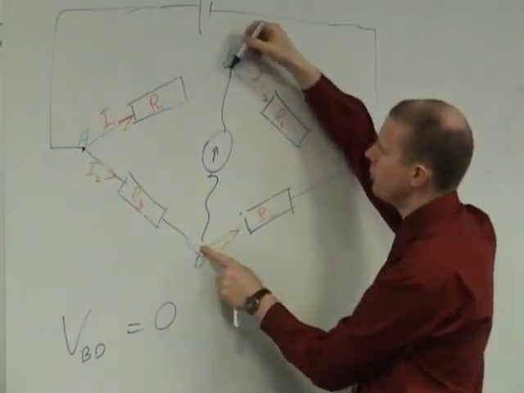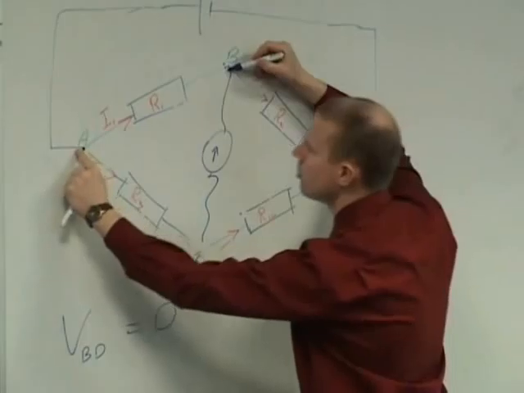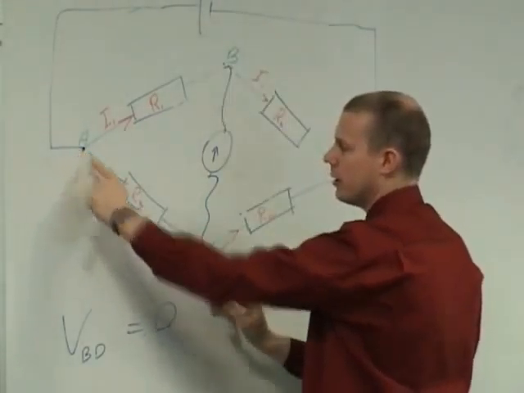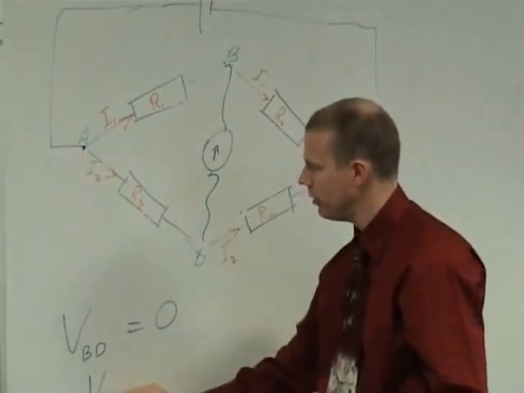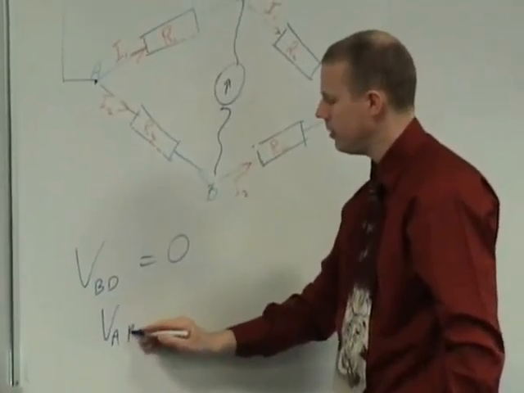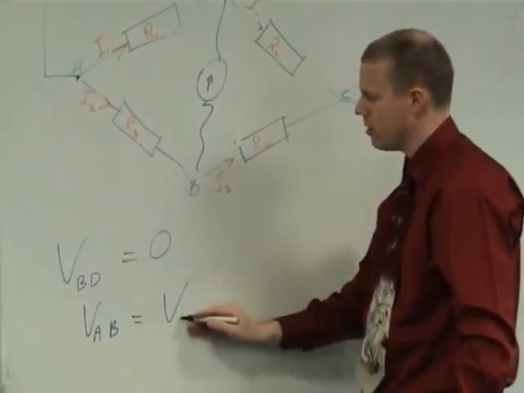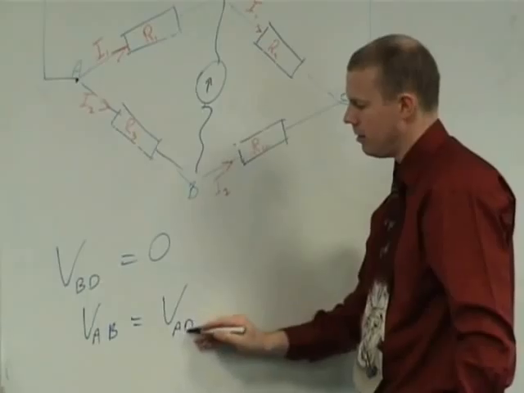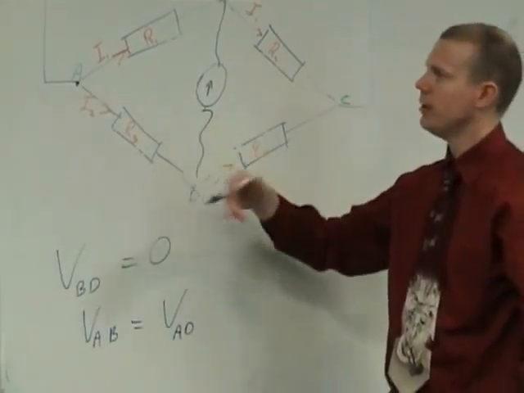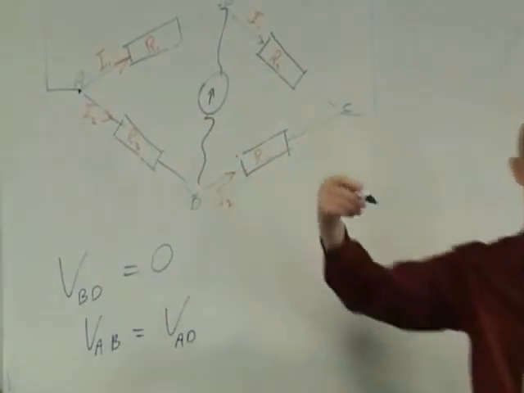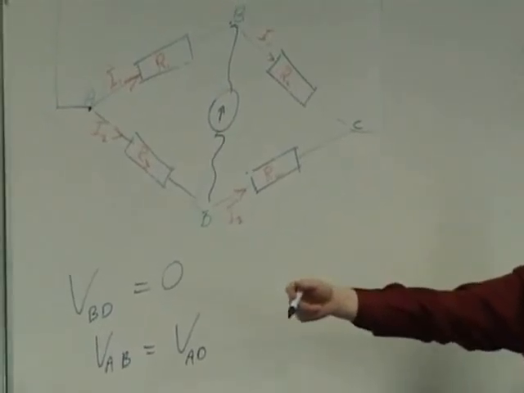So if there's no potential difference between the 2 end points and that point is the same, well then there must be no potential difference between there and there. So therefore you say VAB equals V what? AD. AD. Now I want to ultimately finish up with a formula that relates resistances, R1 over R2 equals R3 over R4.